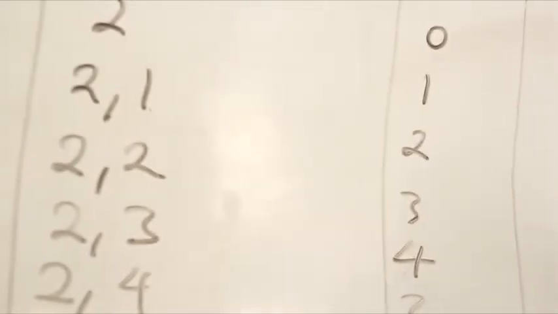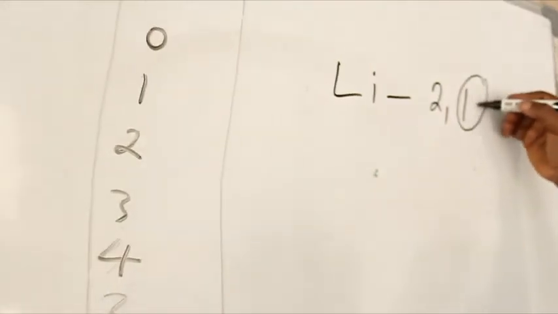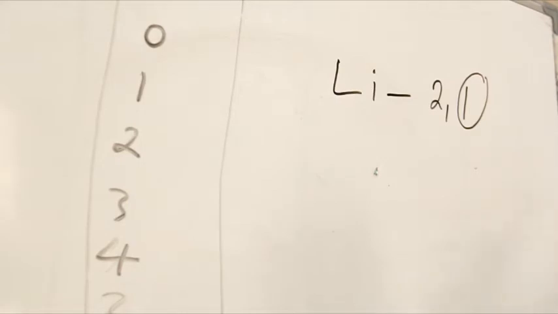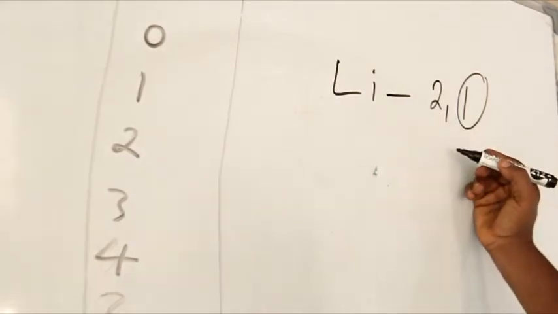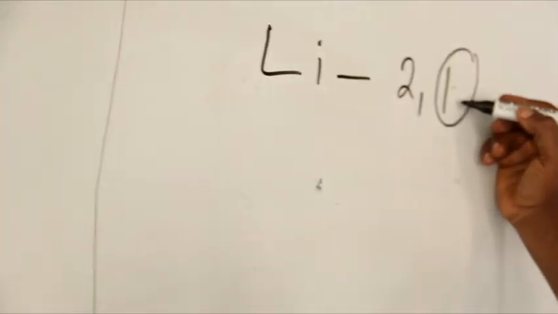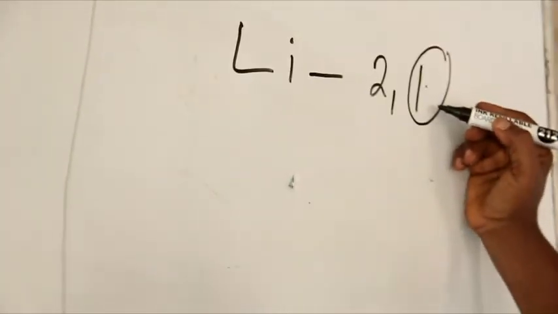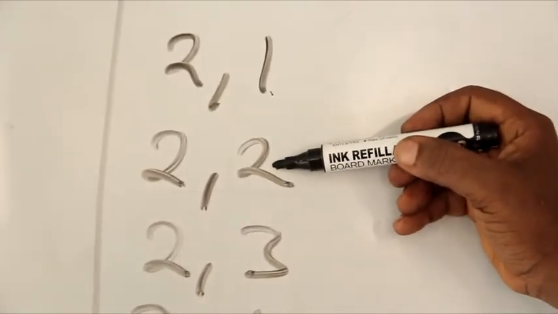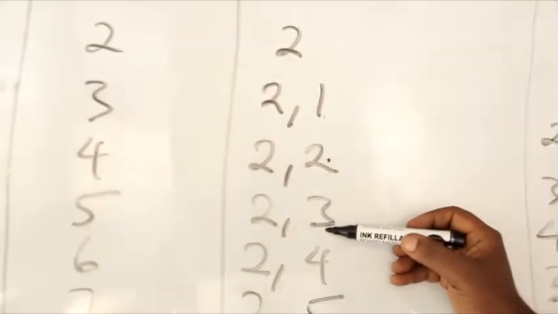Now, the valency is 1 because we consider the outermost shell, the last shell from the inner side of the configuration. So this represents the valency of the element. Now we go to beryllium that has 2 at the outermost shell. The valency is 2.